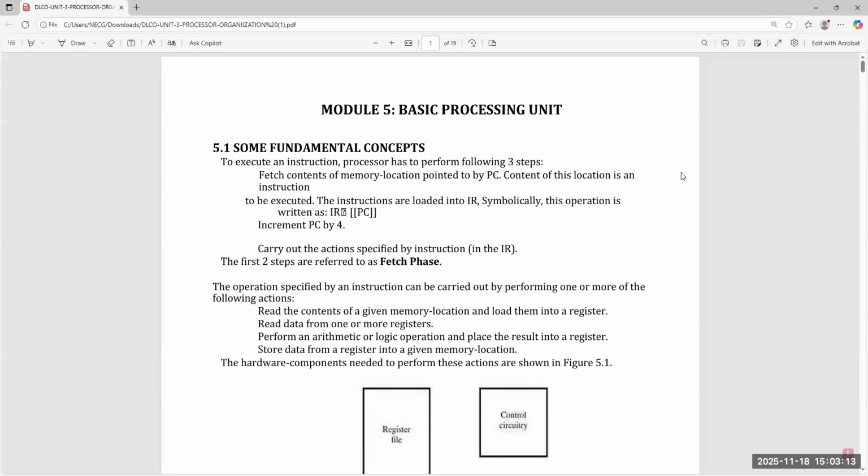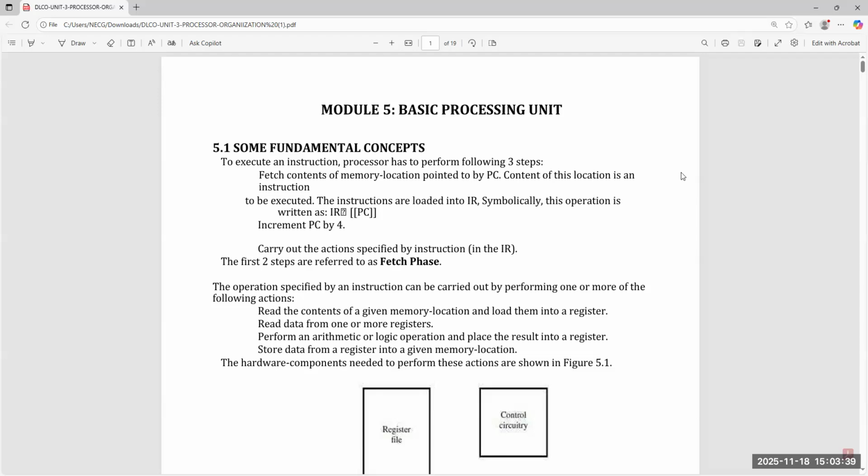Now, what is the program counter? The program counter is a register in a computer processor.